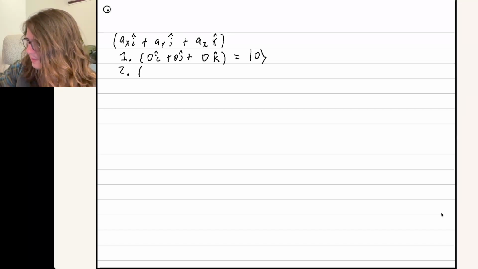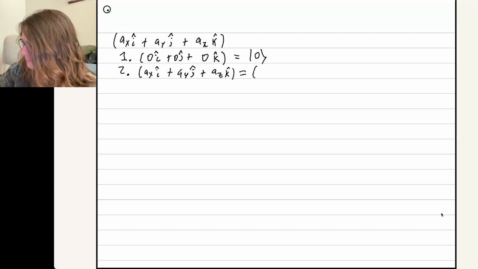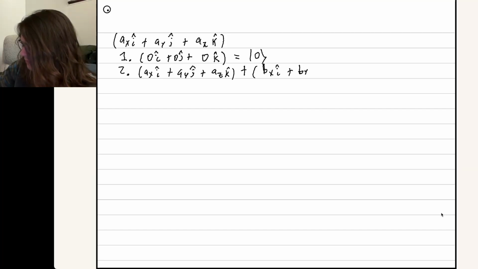So in the case of the vector above, if we added another vector onto it, let's call it bx i hat plus by j hat plus bz k hat.